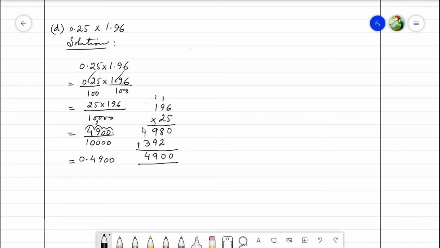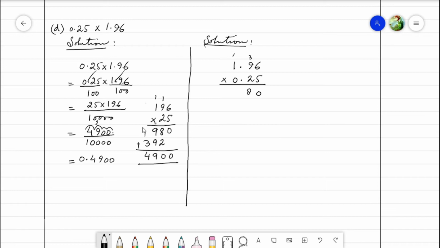This is our answer. And now I will solve this question by another method which is called the horizontal method. So I will write it like this: 1.96, and this is 0.25, and I'm going to multiply these two numbers. 5 sixes are 30, 3 will go up, 5 nines are 45, that would be 48, 4 will go up, and 5 ones are 5, and this would be 9.